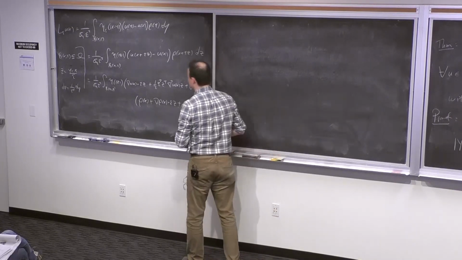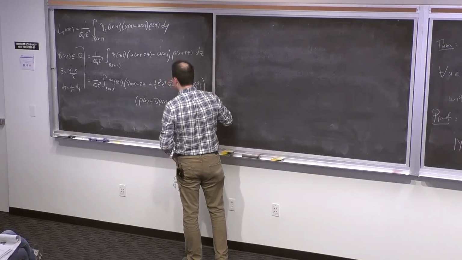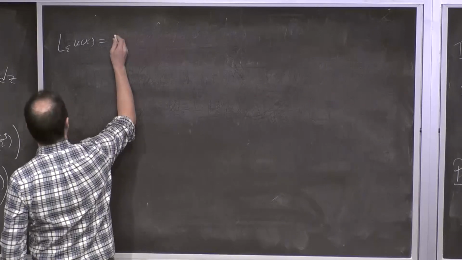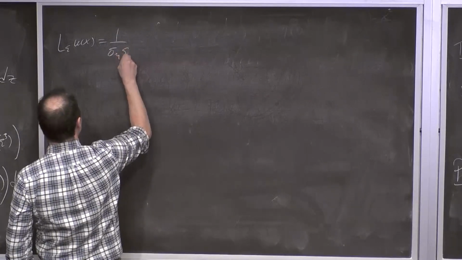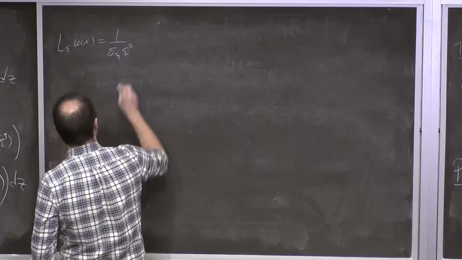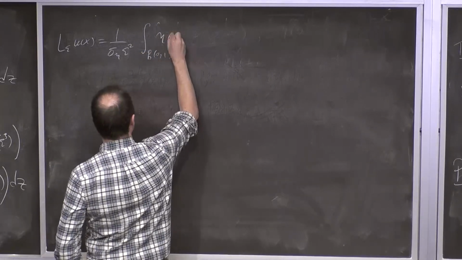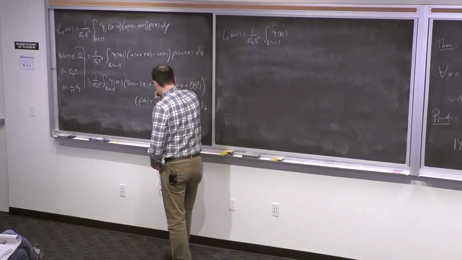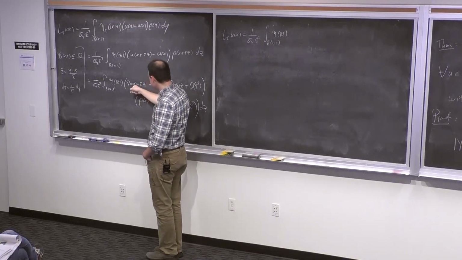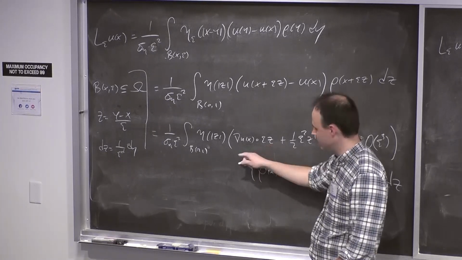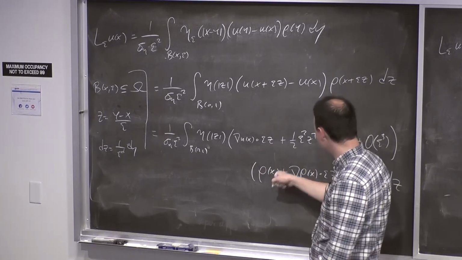Now what do I have if I just combine all the terms that matter here? I'm going to have 1 over sigma eta epsilon squared. The first thing is, if I have rho of x times this, that integrates to 0 because it's an odd function. So that guy's gone. Then I have rho of x times this.